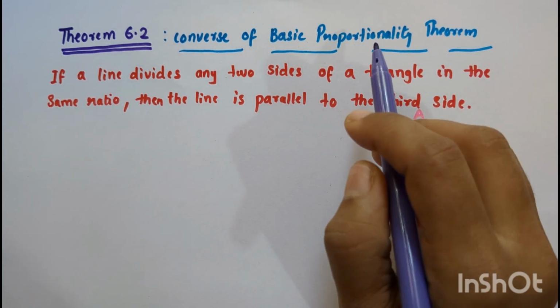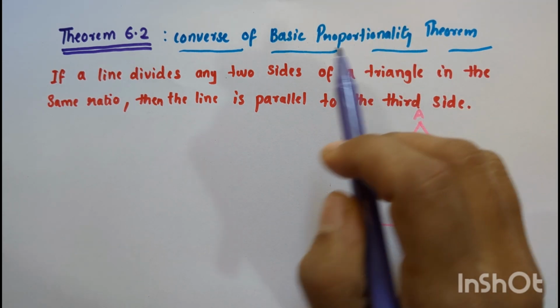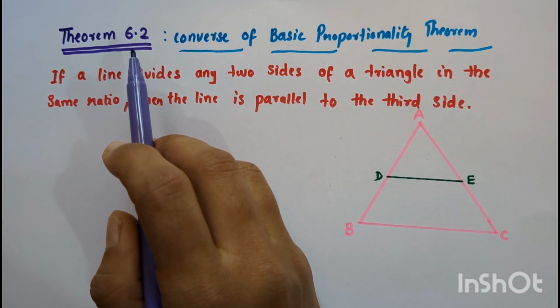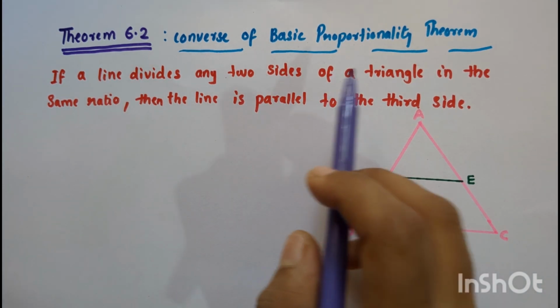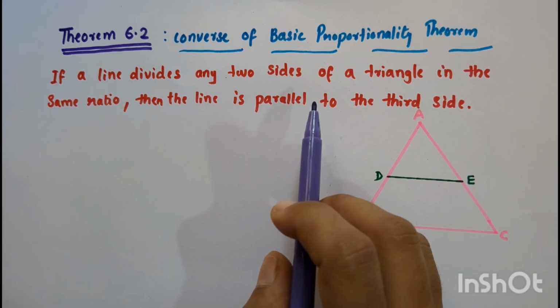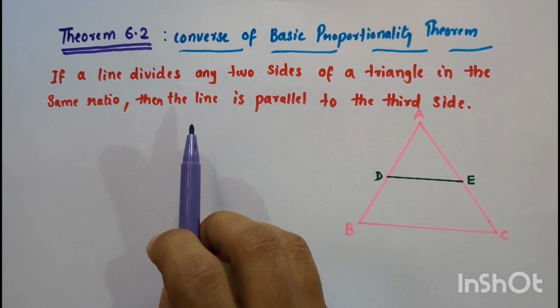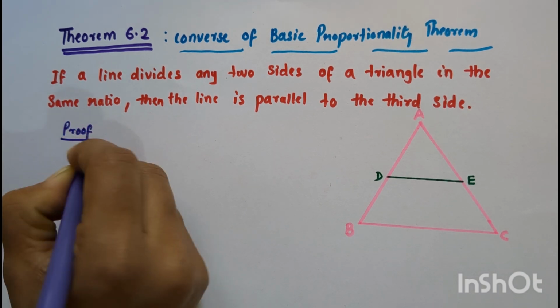The converse of that, Theorem 6.2, says that if a line divides any two sides of a triangle in the same ratio, then that line is parallel to the third side of the triangle. So let us see the proof of this theorem.